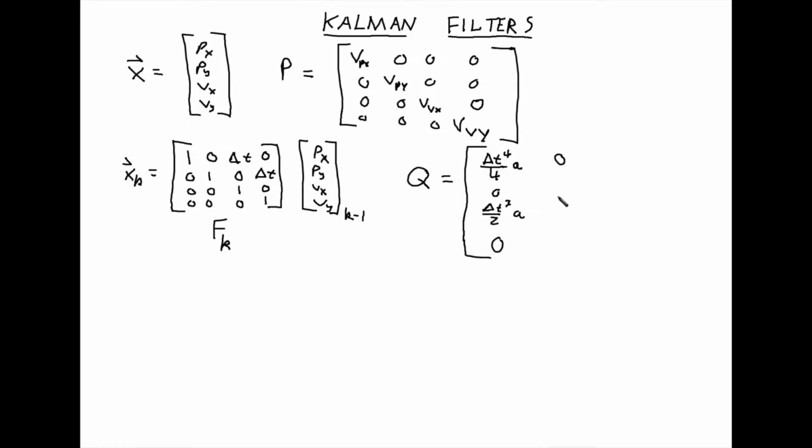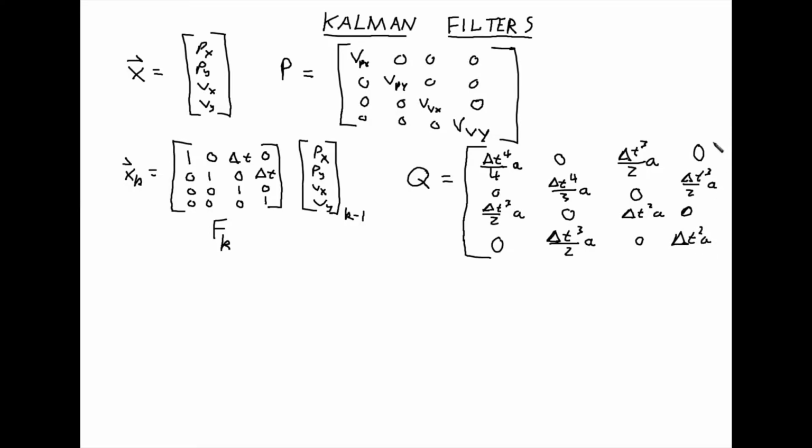We'll have a 0 here, and we'll have delta t to the fourth over 3 times a, and 0, and delta t cubed over 2 times a, and delta t cubed over 2 times a, and 0, and delta t squared, and 0, and then we have this, and 2 times a, oh, that should have an a next to it, and this should be 0, and this should be delta t squared a.